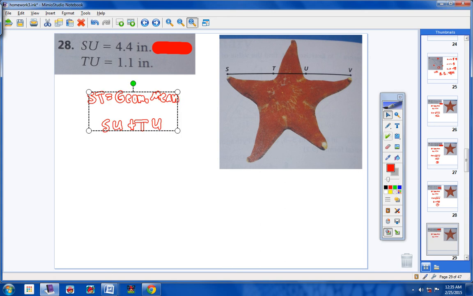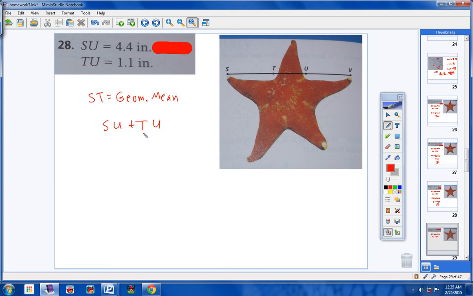Now ST is the geometric mean of these two numbers here. So you could say ST equals the geometric mean. ST equals the square root of SU, 4.4, times 1.1. So 4.4 times 1.1 gives you 4.84.